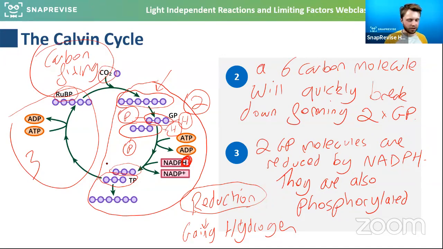Are carboxylation and carbon fixing the same? Not quite. They are a little bit different here because this is CO2 as opposed to just carbon. They are basically the same. For the Calvin cycle, you just need to be able to say that it's carbon fixing.